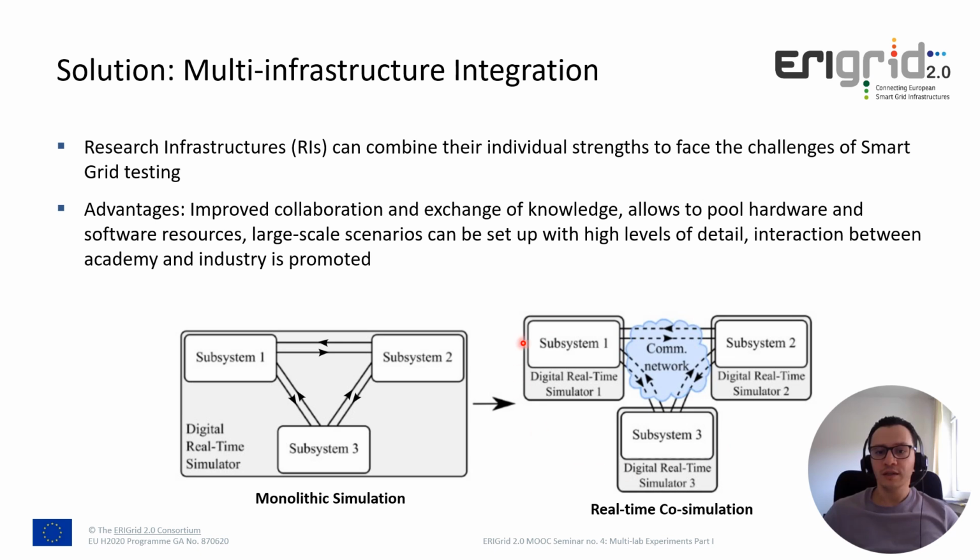In contrast, in a multi-infrastructure integration, we can achieve more complex scenarios by performing a distributed experiment. In this case, multiple simulators with their own modeling approach and their own solver exchange outputs over a communications channel.